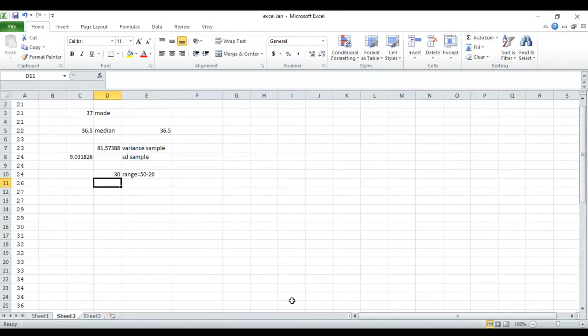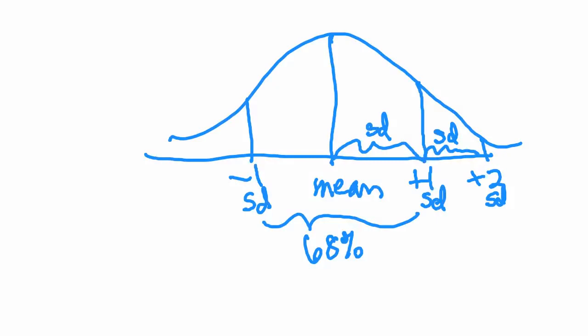So let me go back to my whiteboard, because I want to talk about percentiles for a minute. Okay, so a percentile is, suppose I want the 30th percentile.